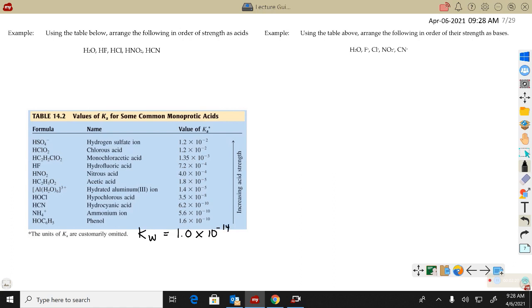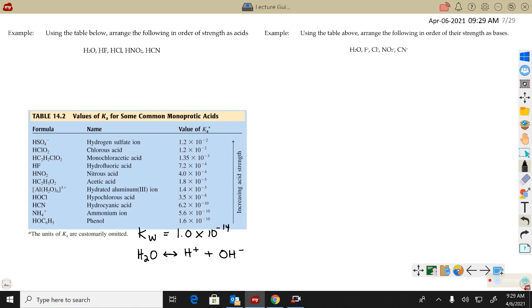And so water does self-ionize, and so water can dissociate to form hydrogen, or sometimes written as hydronium, and hydroxide. So we kind of said water can act like an acid or a base. It can produce the hydrogen, which increases the hydrogen concentration, obviously, or it can produce hydroxide, which could decrease the hydrogen concentration.